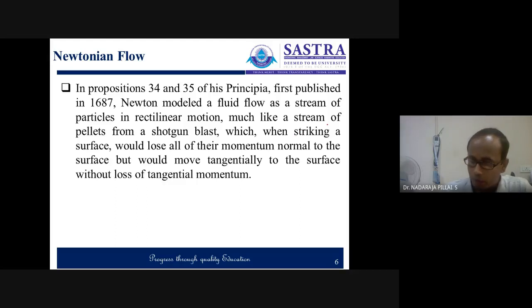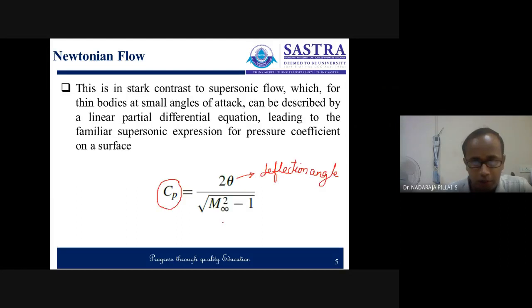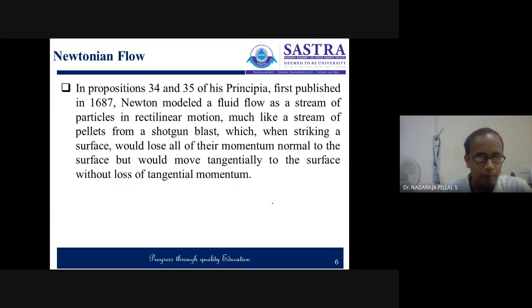With this method, we will see how we can apply the Newtonian law. This is one of the approximate methods to calculate the coefficient of pressure when the body is subjected to a high velocity or high Mach number.